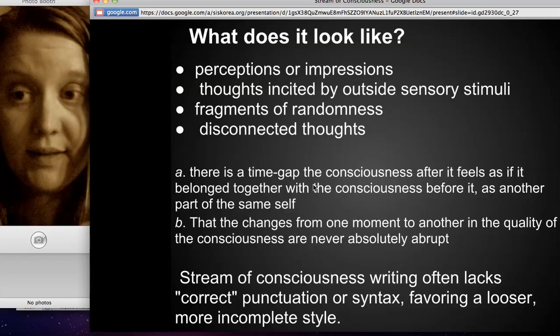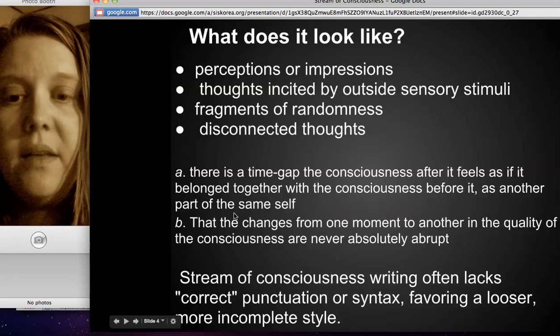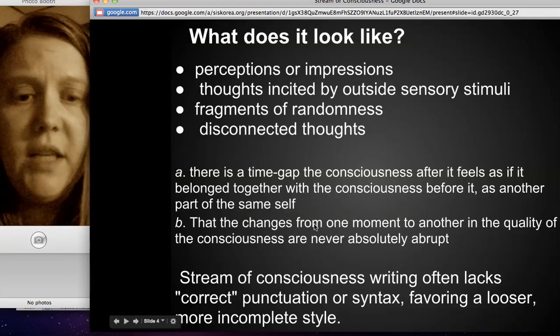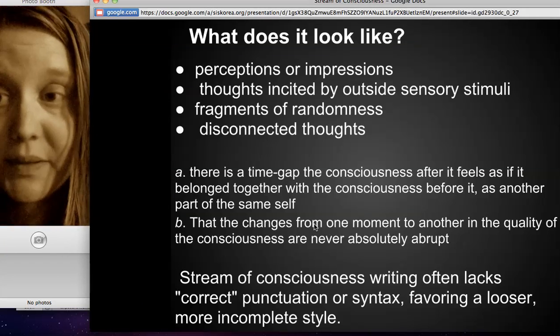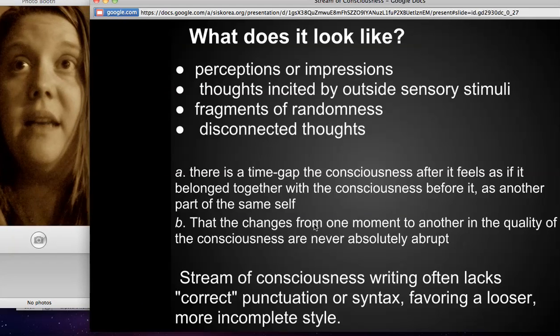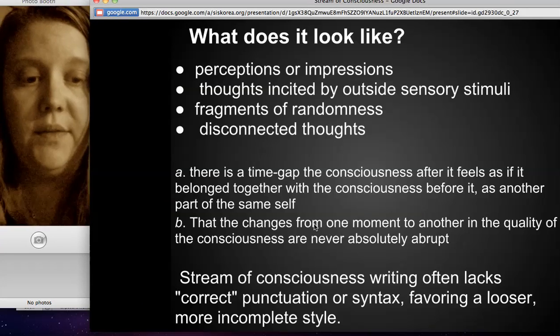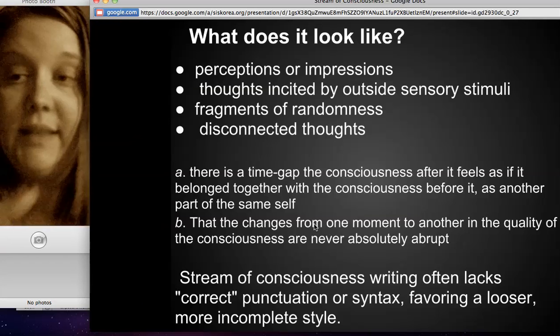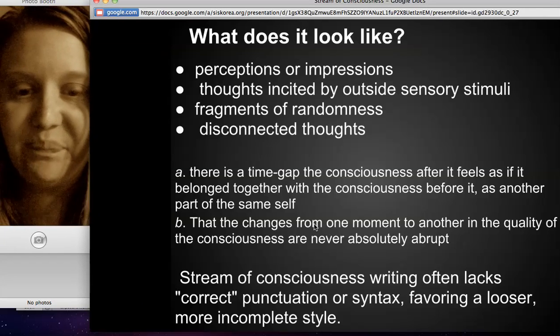I'm going to show you an example of that in just a minute, and it's going to be beautiful. Okay? Also, the changes from one moment to another in the quality of the consciousness are never absolutely abrupt. I mean, it can be random, but if you look down, it's leading up to it. Okay? And again, I'm going to go over it.